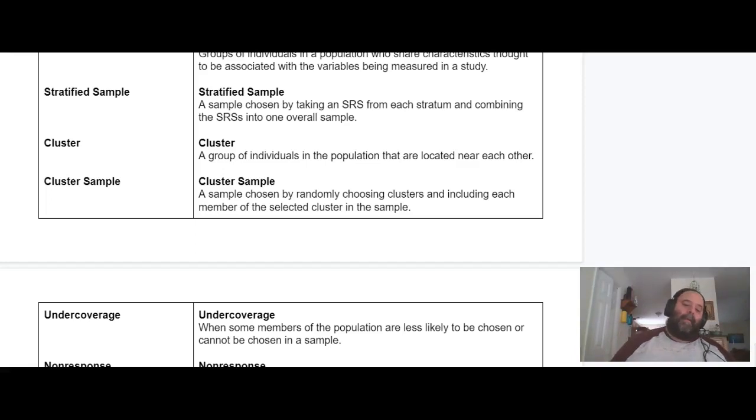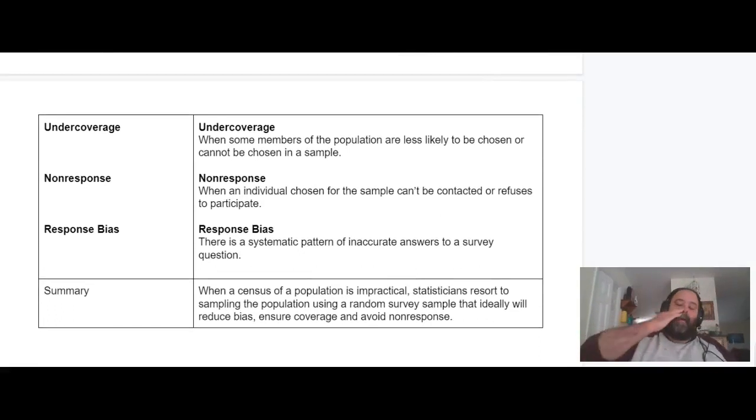All right, things that can go wrong with samples. You want to avoid undercoverage, okay? Undercoverage is pretty hard to avoid. There are going to be some parts of your population who are harder to get to in most cases. If I take the population of 350 million Americans, it may be harder to reach some of those Americans than others.